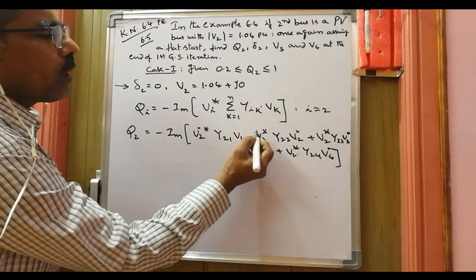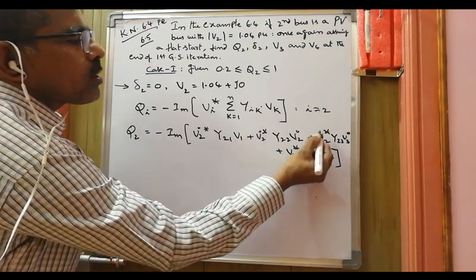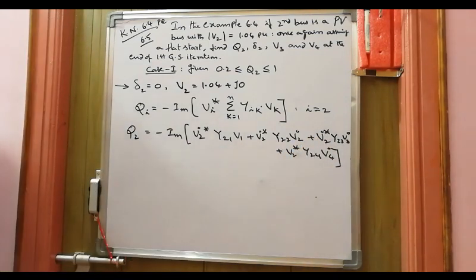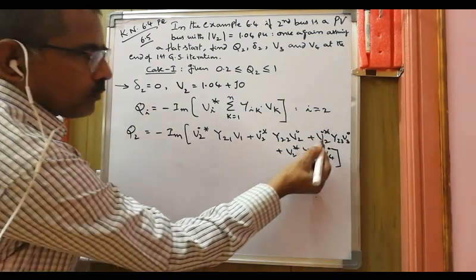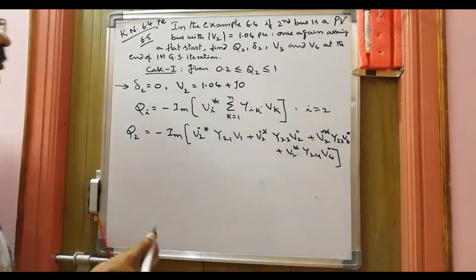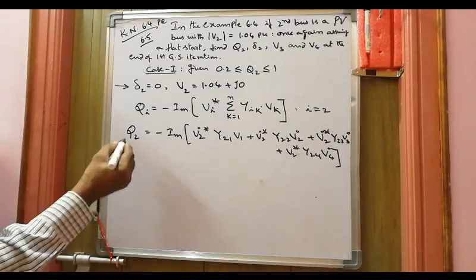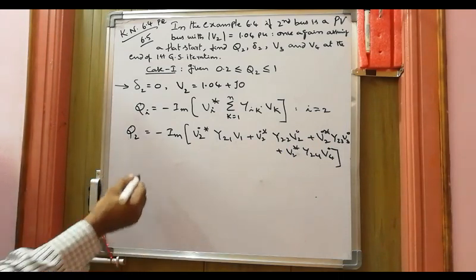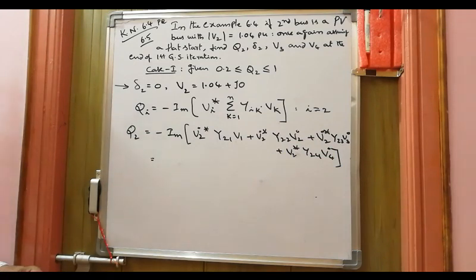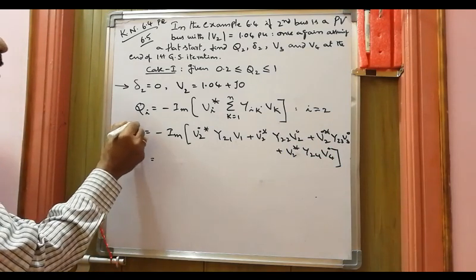These are all only the first iteration, so these are all zeros, V2 0. I will write the final expression, which I call 1.